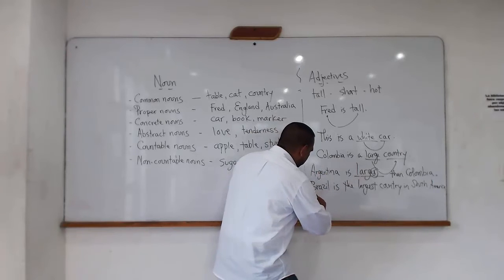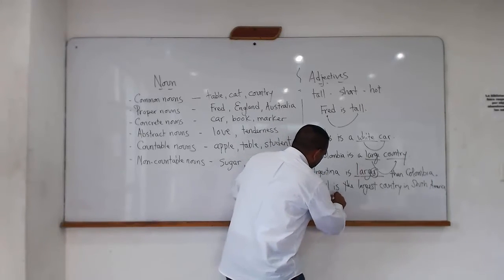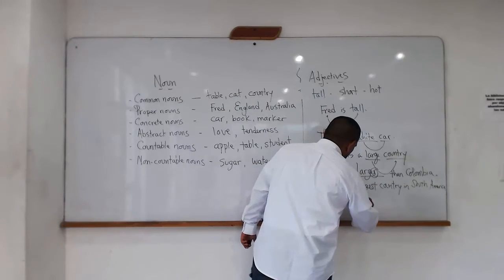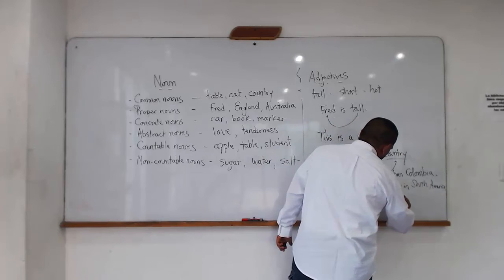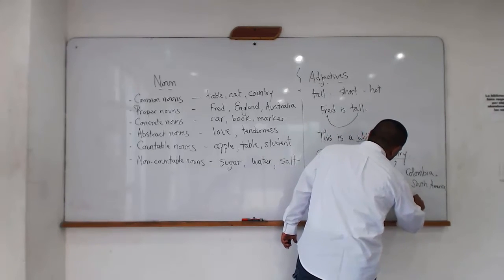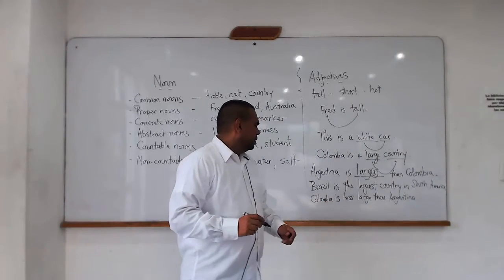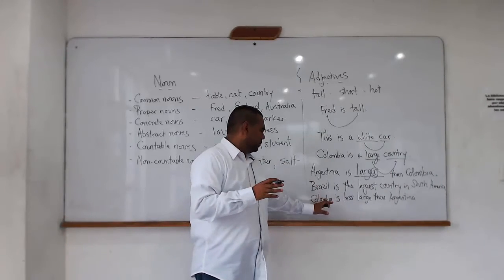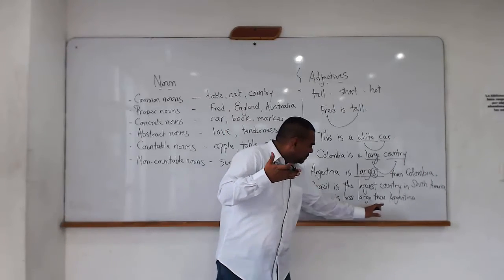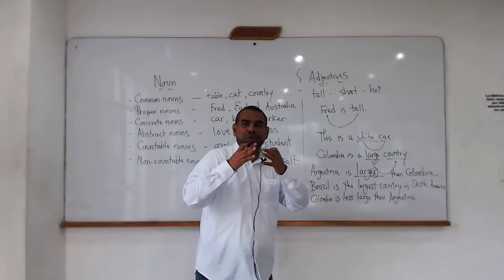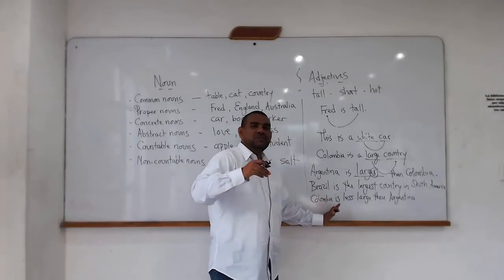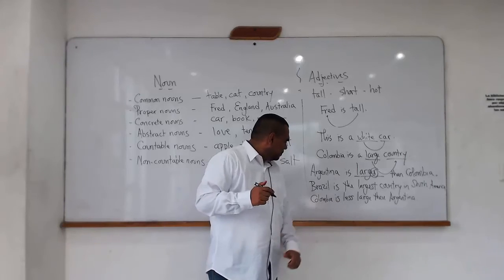For example, Colombia is less large than Argentina. Now, one more time, the two items are compared, but the criterion we apply now for such a comparison is an inferior perspective.